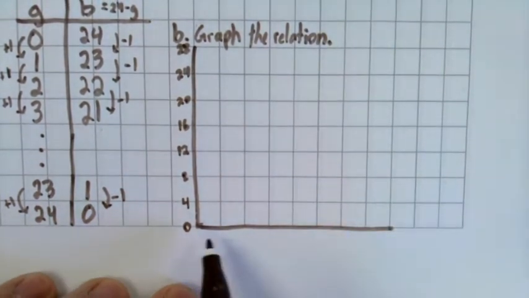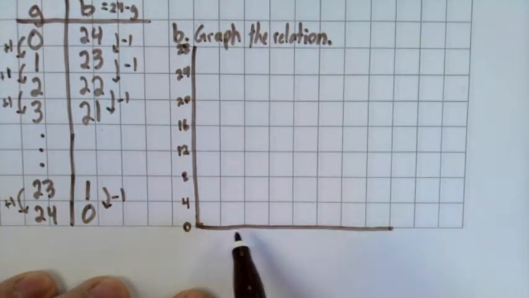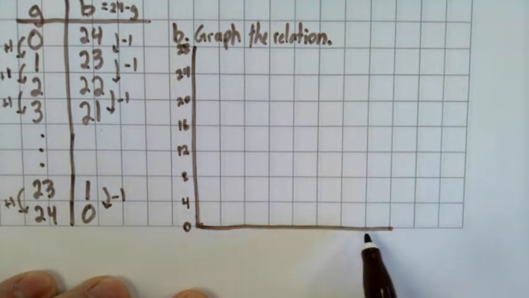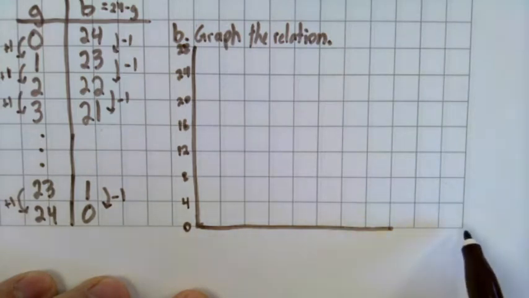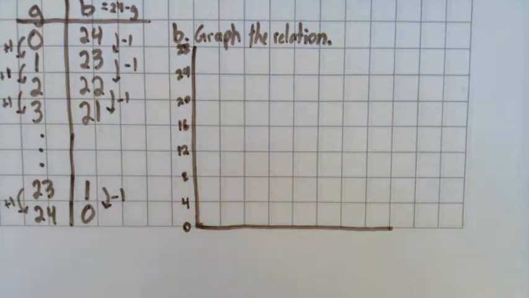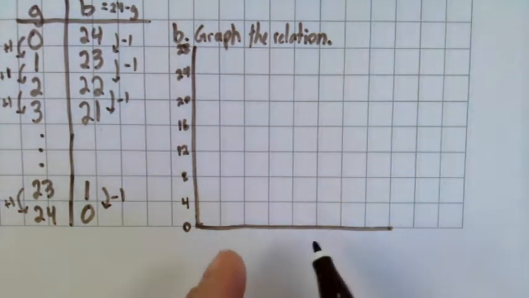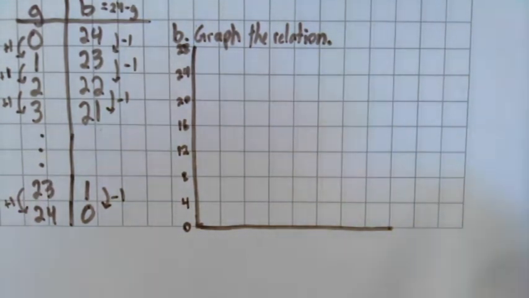The next thing I need to do is go to the right. Well, I have 1, 2, 3, 4, 5, 6, 7, 8, 9, 10, 11. I could do 11 over, which I could get to 22 if I went up by 2s, but I need it to be up to 24. I could go up by 3s and I could get up to 33, which would be good, but then I'd be splitting by thirds and that kind of looks a little choppy.